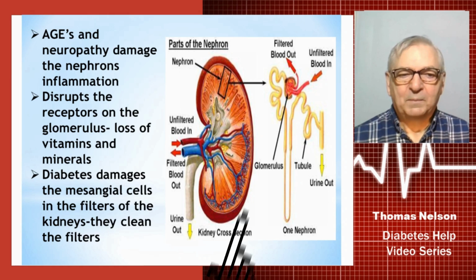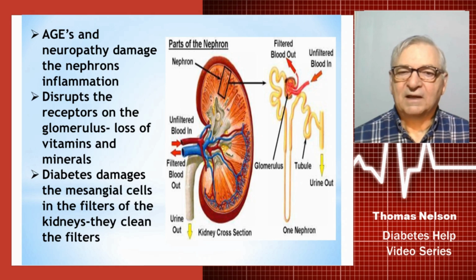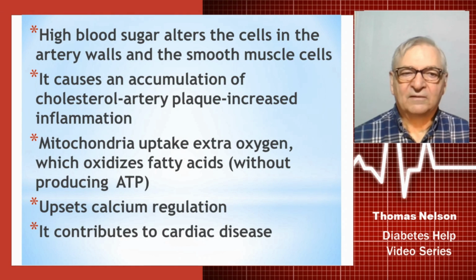So diabetes damages the mesangial cells in the filters of those kidneys, which are what usually is used by your kidneys to keep those filters clean. And that damage, again, is permanent and it's cumulative. So high blood sugar alters the cells of your artery walls and the smooth muscle cells.